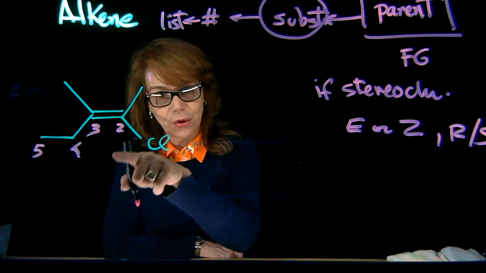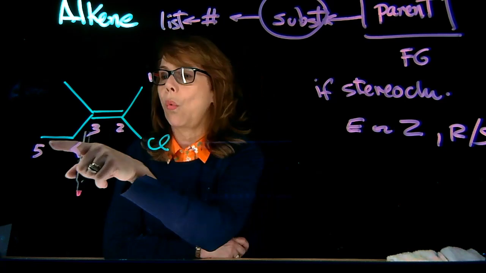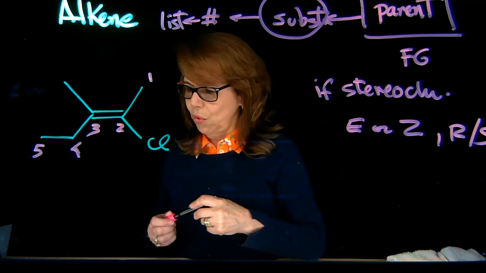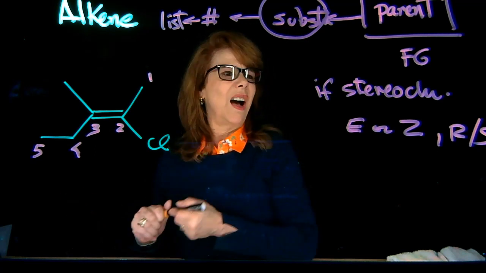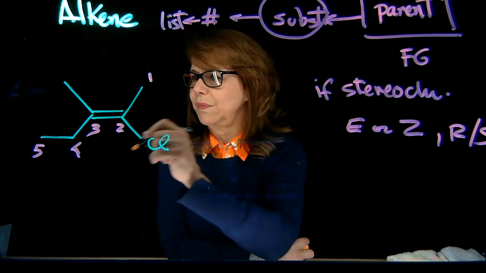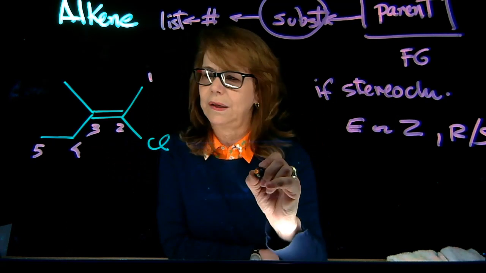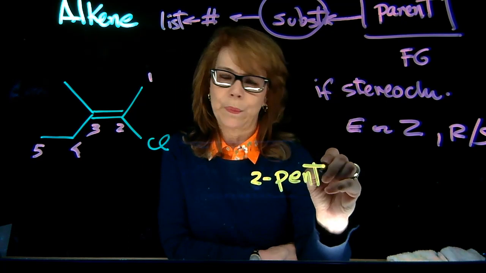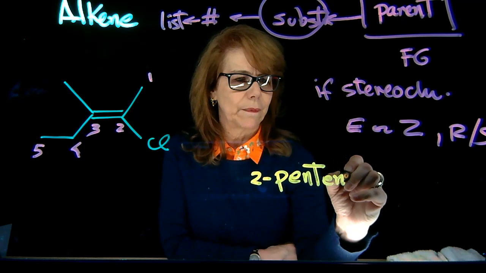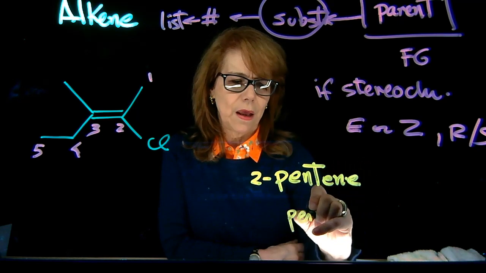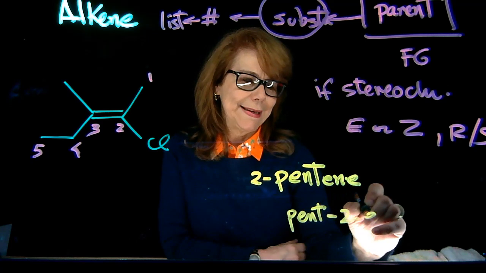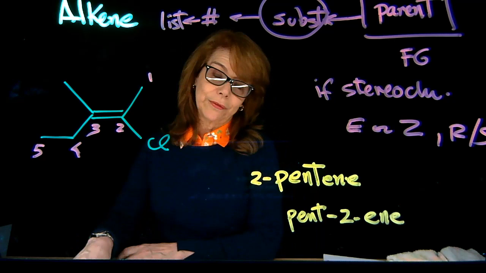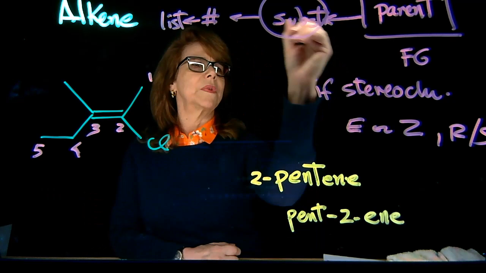And if I start the other way around, it will be number 1, 2, 3, so that doesn't work. So that's the correct numbering. Now I can write the parent chain name. With 5 carbons, the prefix is pent, so 2-pentene. We can also say pent-2-ene. Now, let's see if we have substituents on the parent chain.